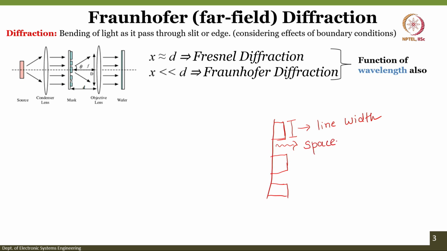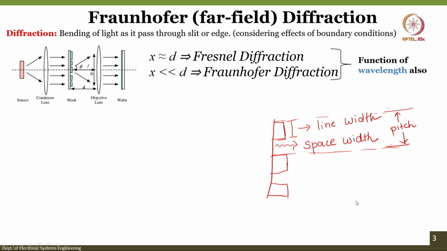If you are discussing anything related to lithography or this kind of imaging, these are very well-known terminology: line width and space width. And finally, if I take from this line, let us say it starts here and stops here, this distance is nothing but your pitch. What you get using the Rayleigh resolution formula is half of this, the half pitch.